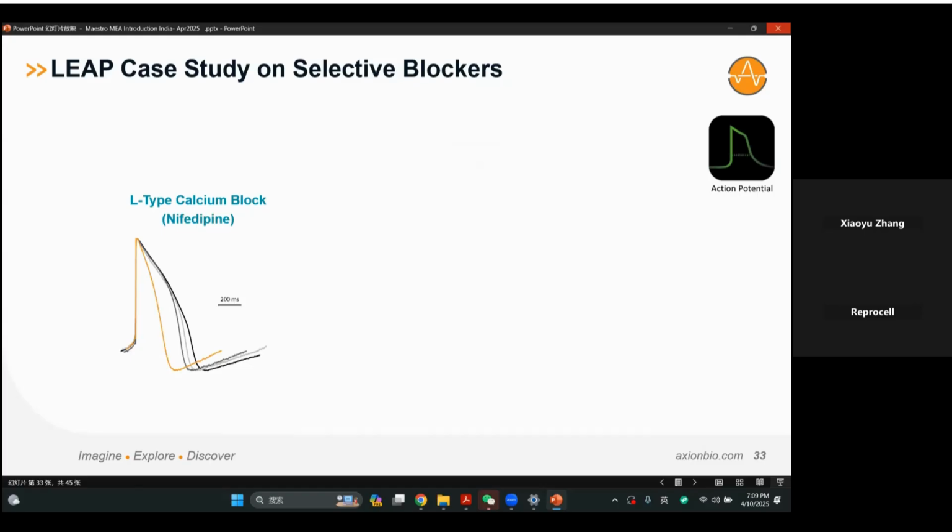So the black line is the vehicle control. And as expected, increasing concentrations of nifedipine, an L-type calcium channel blocker, progressively shortened the duration of the LEAP signal.